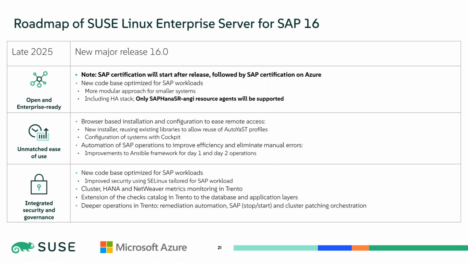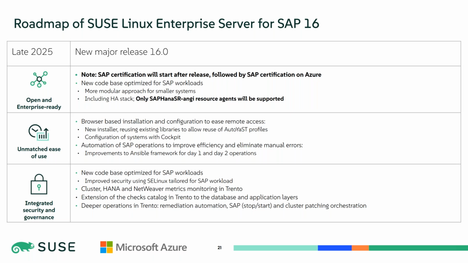In the meantime, we are working on the next major release, SLES for SAP 16. The anticipated release time would be around the October or November timeframe. When SLES for SAP 16 is released, the first release would be Service Pack 0, and that has to be certified for HANA by SAP.